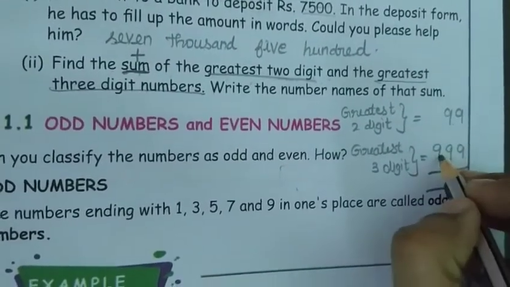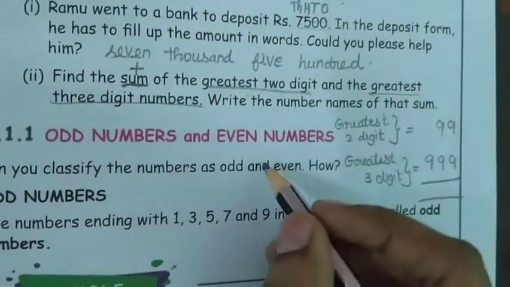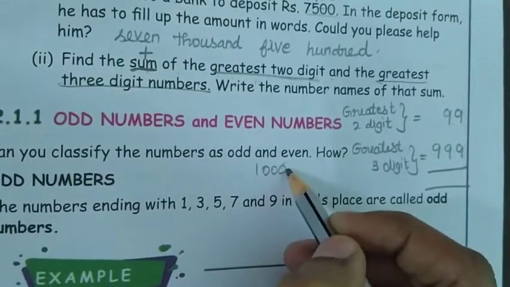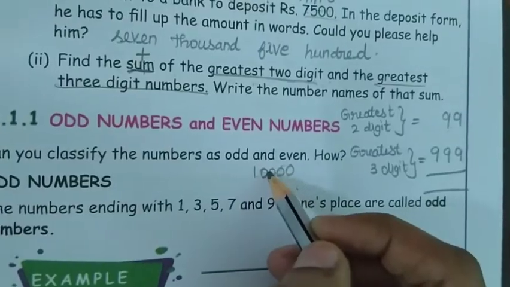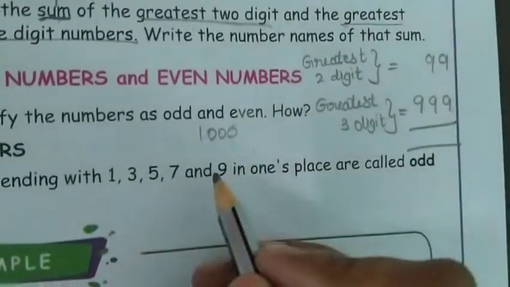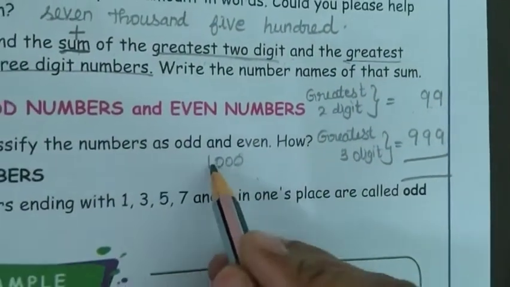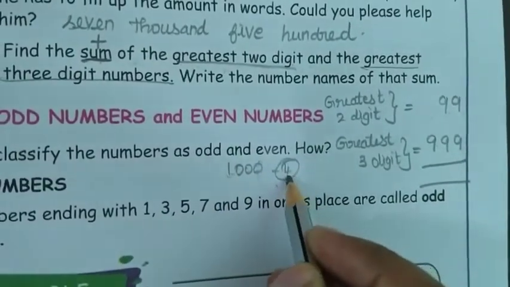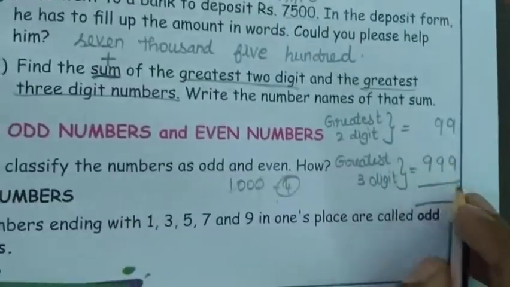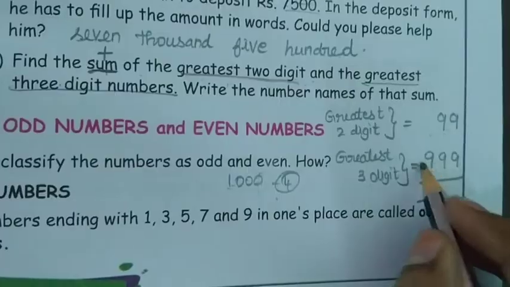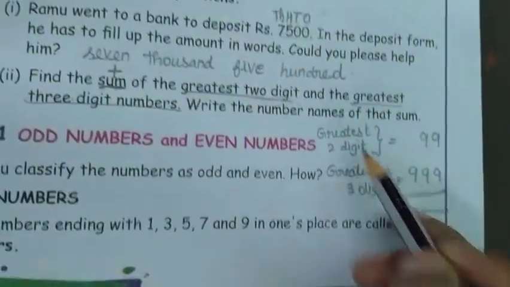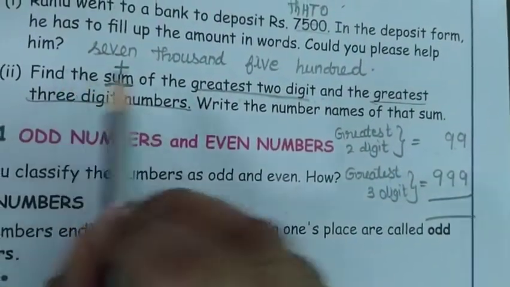Because after 999, what is the next number? 1000. 1000 is 1, 2, 3, 4 digits. 1000 is a 4-digit number. So, what is the last 3-digit number? 999. Okay? Now we want to do the addition.